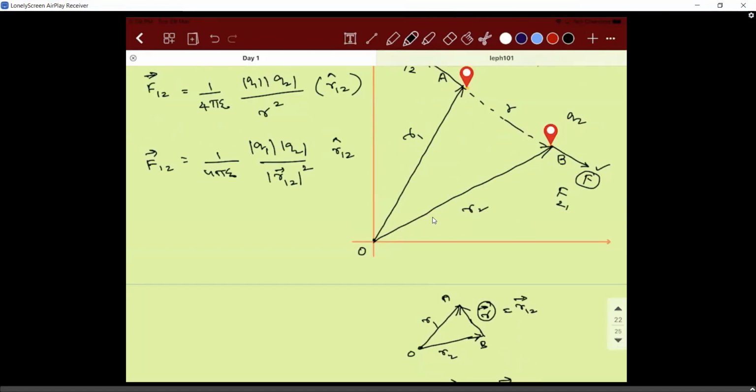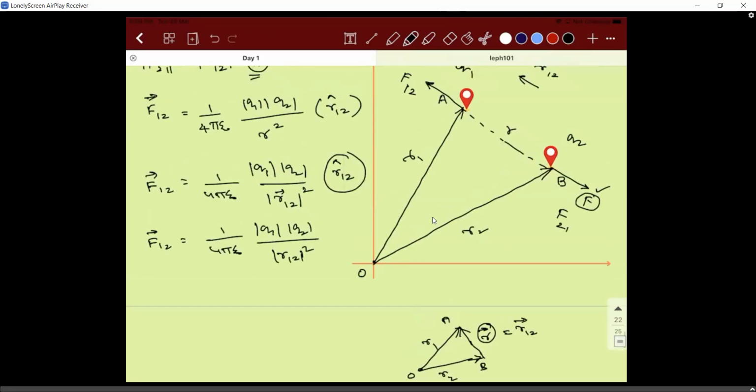Now comes the tricky point, concentrate. F12 vector, I can write it as 1 divided by 4 pi epsilon naught into magnitude of Q1 into magnitude of Q2 divided by magnitude of R12 square into, how do you write a unit vector in terms of the vector itself? Somebody is telling the right answer. Correct.